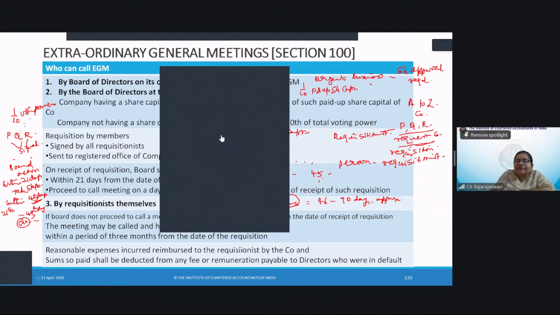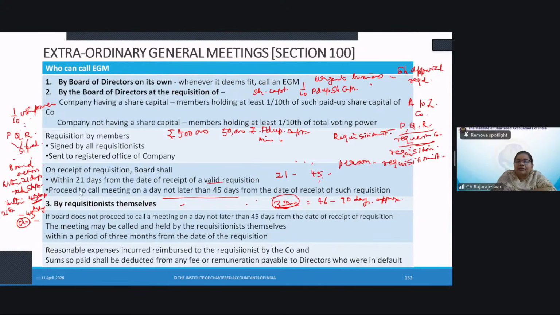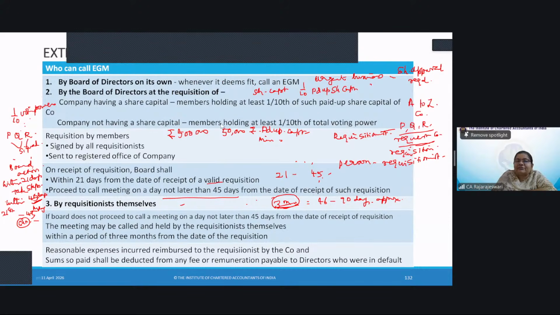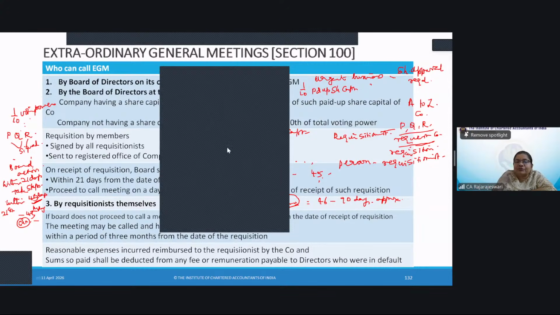From the receipt of requisition, within 45 days, they have to conduct an EGM. Proceed to call a meeting on a day not later than 45 days from the date of receipt of such requisition. P, Q, and R together should hold at least 1/10 of the paid up capital, or they can also join P, Q, R, S, T, whoever it is.